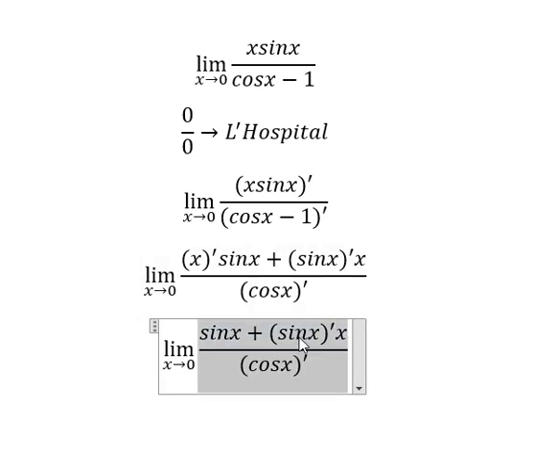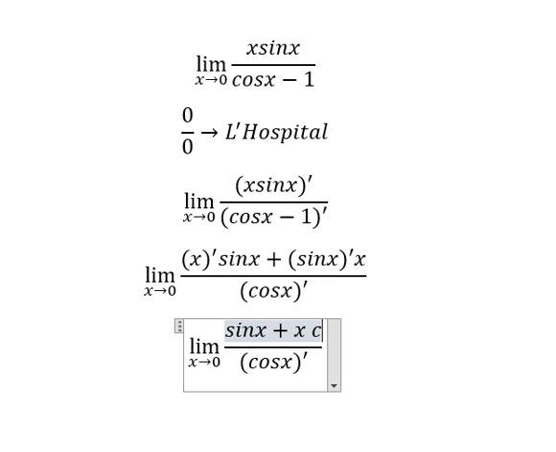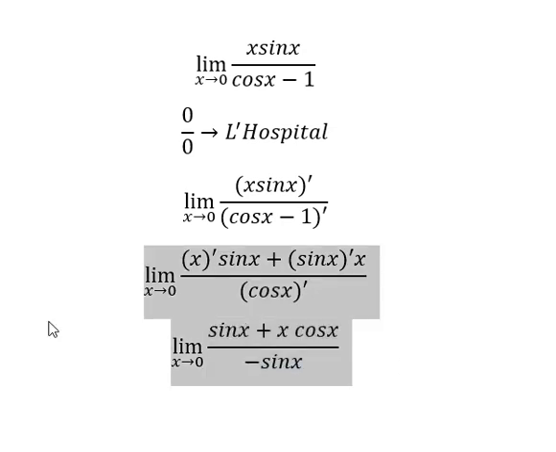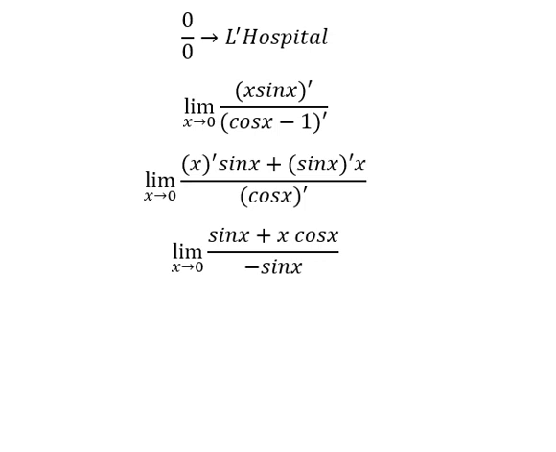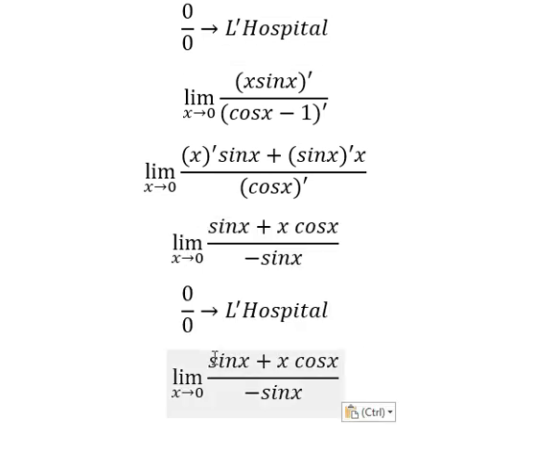This one is about cosine x. This one is about negative sine x. Now, if I put number 0 going here, we still get 0 over 0. And now we can use L'Hospital again.